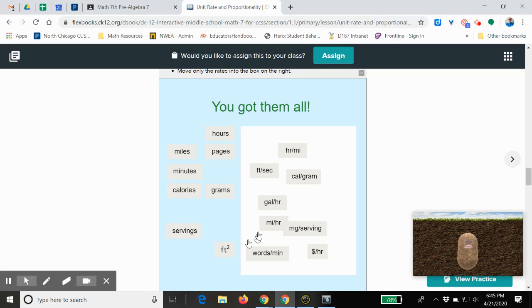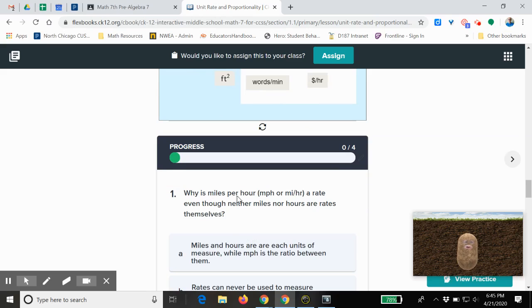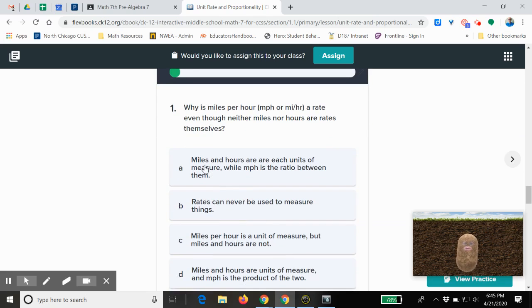What's the difference between these and these? Why is miles per hour a rate even though neither miles nor hours are rates? I don't know. Miles and hours are each units of measure, while miles per hour is the ratio between them.